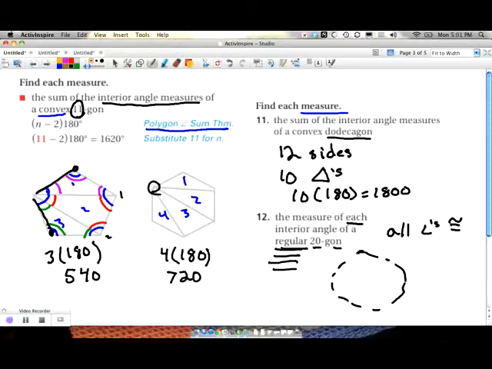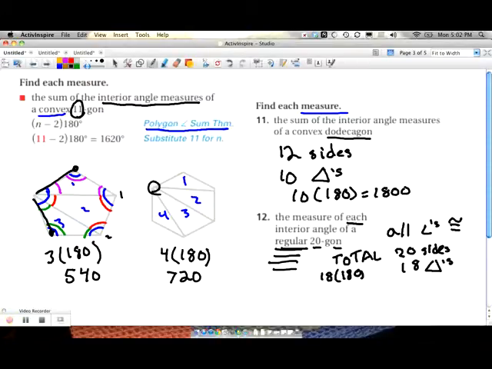Well, if I have 20 angles, and they all add up to something, I could find one of them. I just got to divide it by 20. Well, first let's figure out what the total is. The total, that's going to be 20 sides, therefore 18 triangles. So it's going to be 18 times 180.